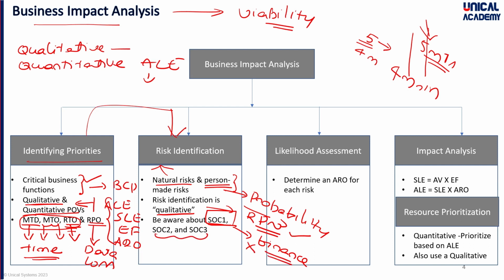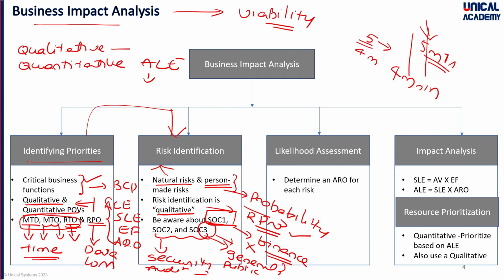The other two: SOC 2 is a security audit in detail that a regulator expects. SOC 3 is meant for the general public. Maybe a person who is interested to purchase a particular company's stock should understand enough to take a call. That's it, not in detail.